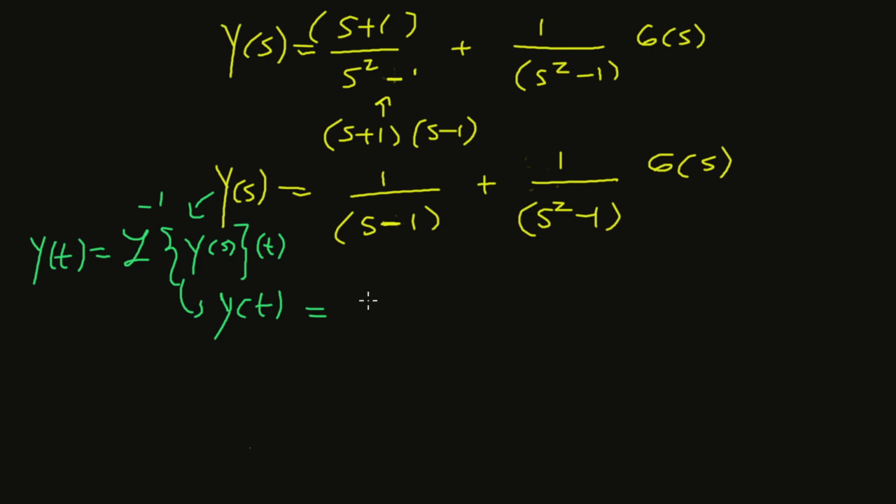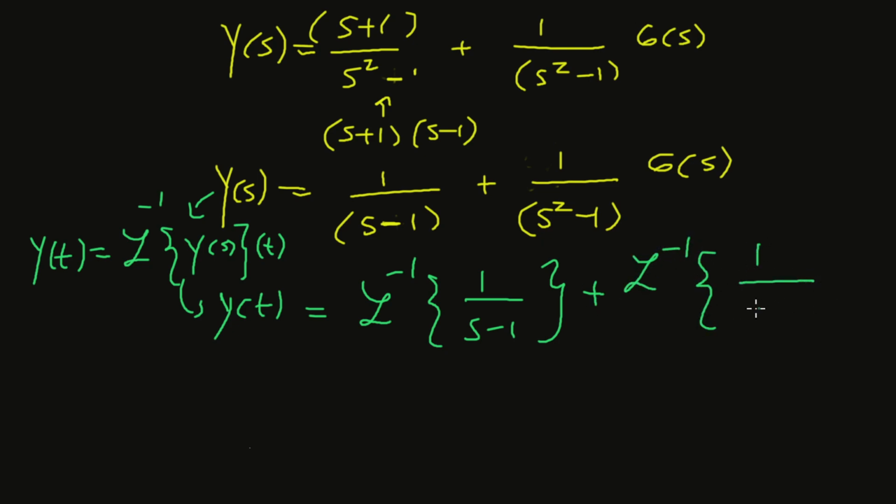So y of t now, that means let's do the inverse Laplace transform for the first term, then the inverse Laplace transform for this second term here. The first term, it's familiar, it's the exponential of t, but if you look at the table, you see it, and a is 1, so e to the 1t.